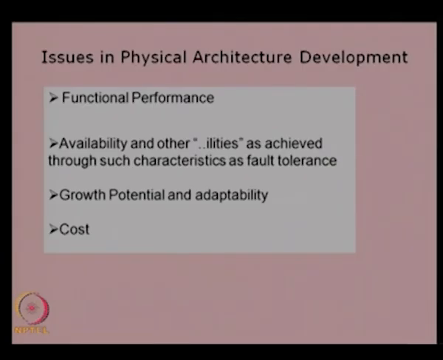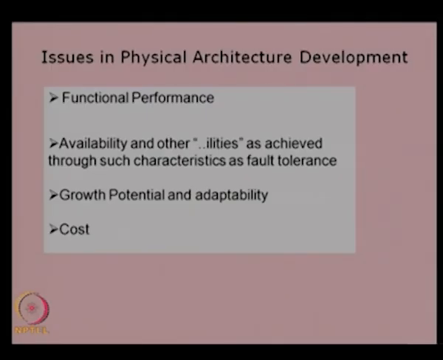Then other things like availability, other utilities and reliability all need to be taken care of, and we need to provide components for those functions also. And then future growth potential and adaptability need to be taken care of. We need to ensure that there is sufficient potential for growth, and the cost of the whole product also needs to be taken care of.